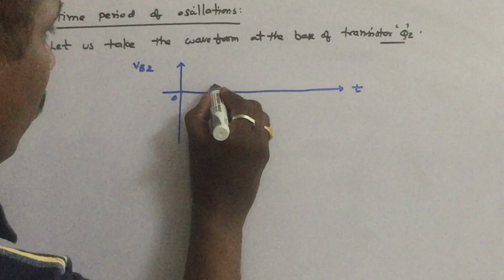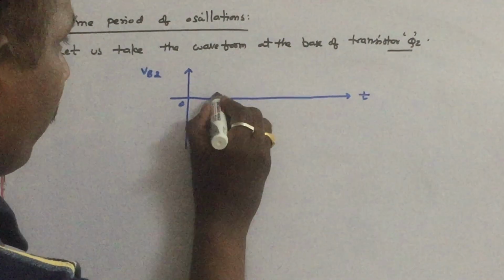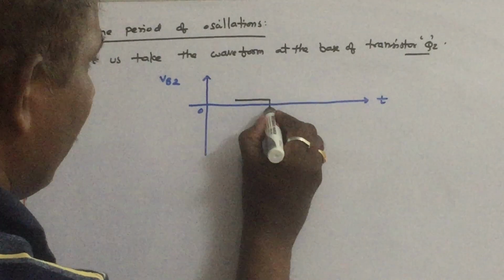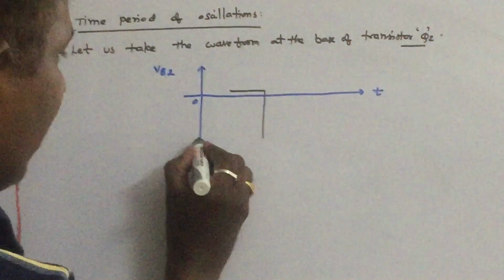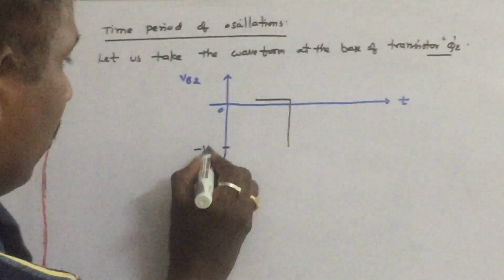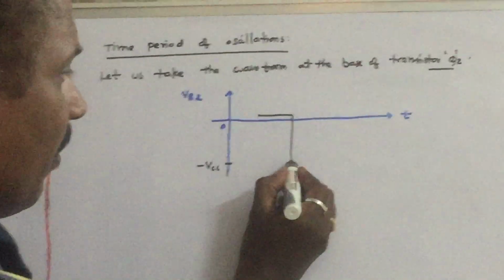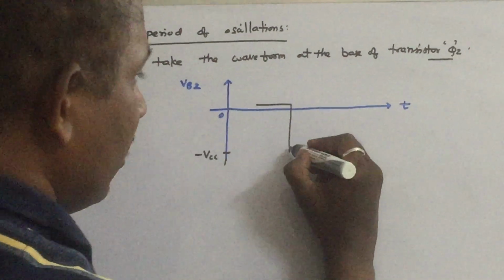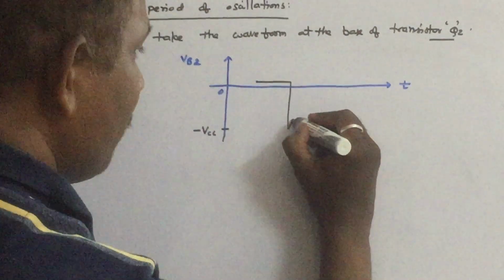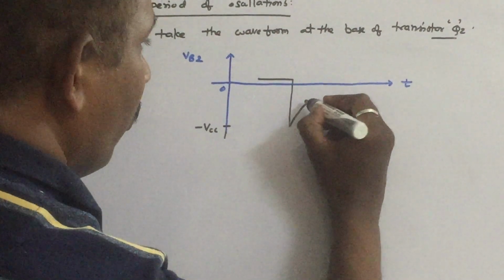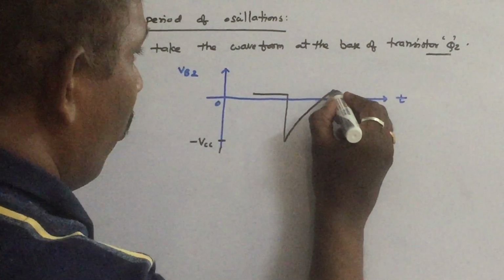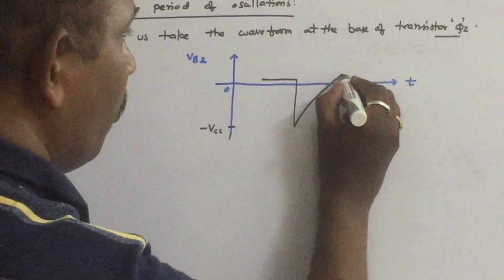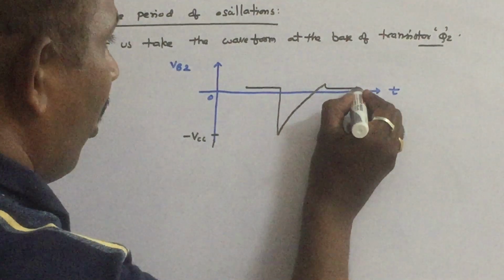Now, what is the nature of the waveform? You can draw it like this. When Q2 is in off condition, at that instant the base voltage is minus VCC. This base voltage becomes less and less negative. At some stage it reaches the cut-in voltage of transistor Q2 and hence Q2 turns into on condition.